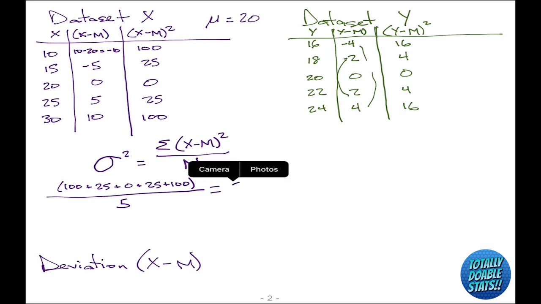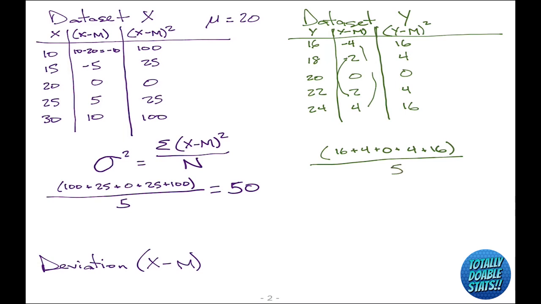So that's going to be 250 divided by 5 is 50, which is going to be my variance. And the other side here, if I add them all up, it is going to be 16 plus 4 plus 0 plus 4 plus 16, all divided by 5, which gives me a variance of 20 and 20 is 40 divided by 5, that's 8.